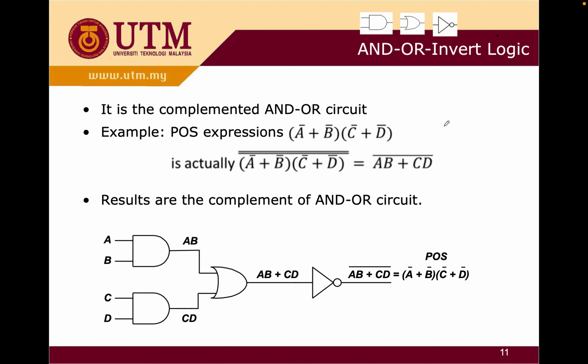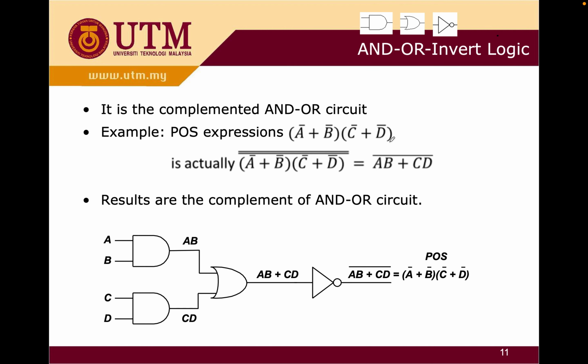Now you have AND-OR-INVERT logic. So by using AND-OR-INVERT logic, the difference from AND-OR is you just add another inverter there, which is your NOT gate. So the representation of this is basically you have AND-OR with the bar, and this one, which is the inverse, is supposedly your POS expression.